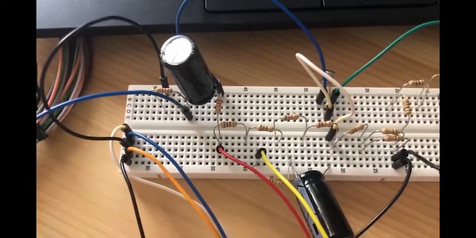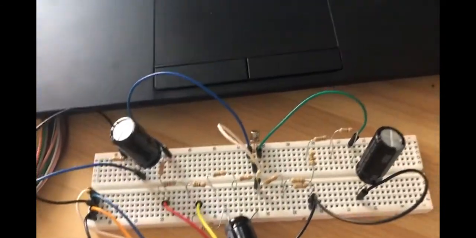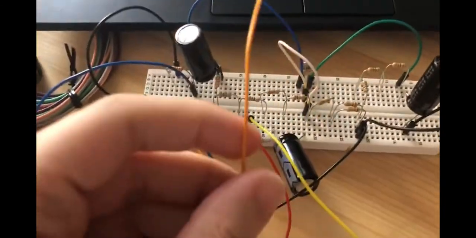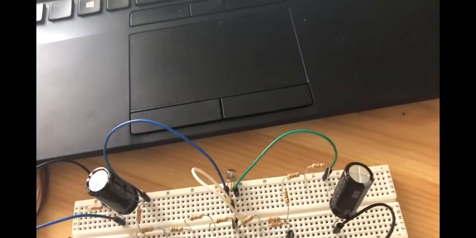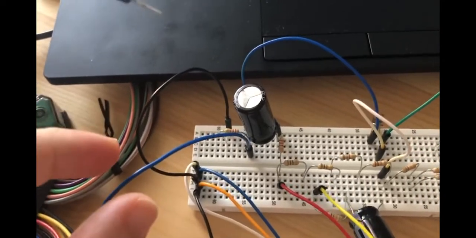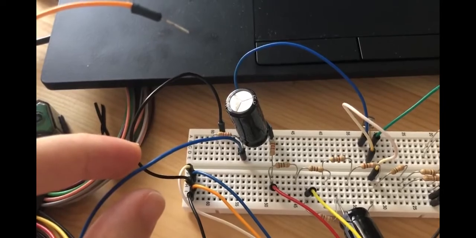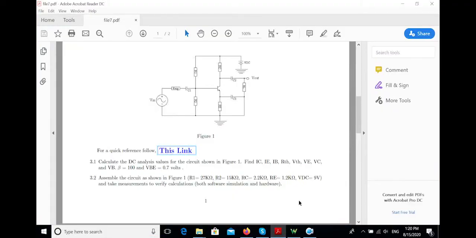So then you use either this wire, the positive of the channel, or this wire to see the output voltages. As you don't need to measure IC, IE, and IB, and you just need to measure VE, VC, and VB, which are DC values.